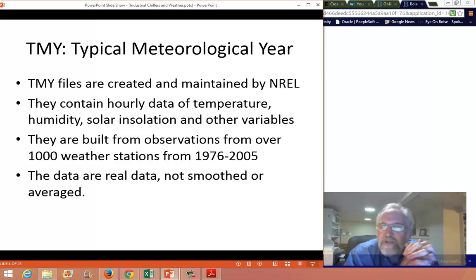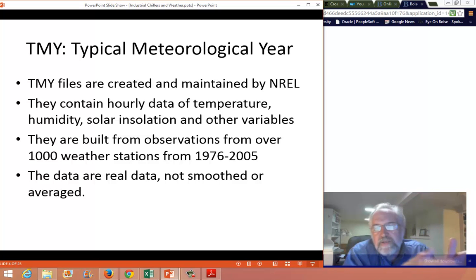It's built from real data, so it's not really averaged as such, but they look at 30 years' worth of data, and they say, okay, for this location, which one of those 30 years has the January that was most typical? So the most average, but they didn't get it by averaging all the data. They said, say January of 1987 was a very average January, so we'll use the data that we measured in that January and put it in the file.